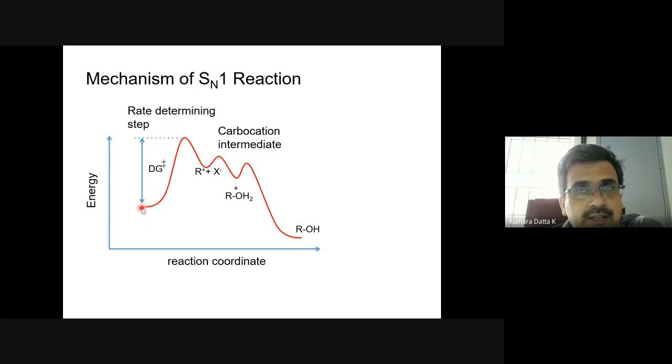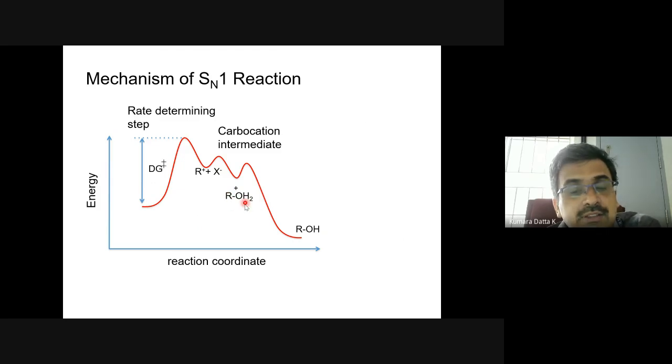So these are the reactants, products, and it goes through an intermediate step where the carbocation formation is the slow step. How the carbocation forms, and once it forms, how it reacts with the nucleophile.